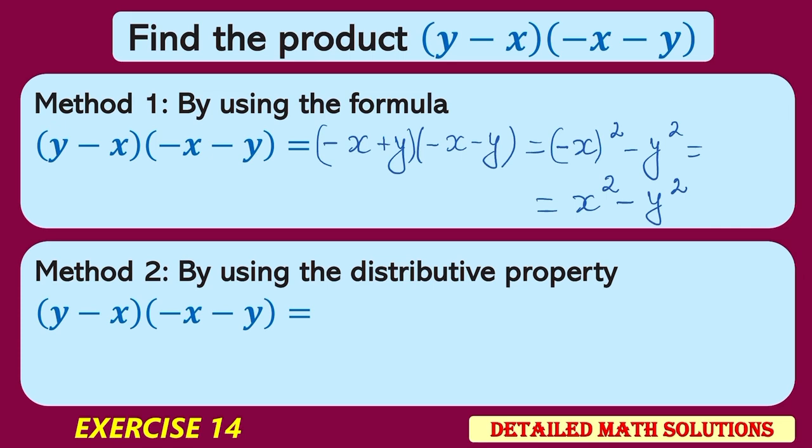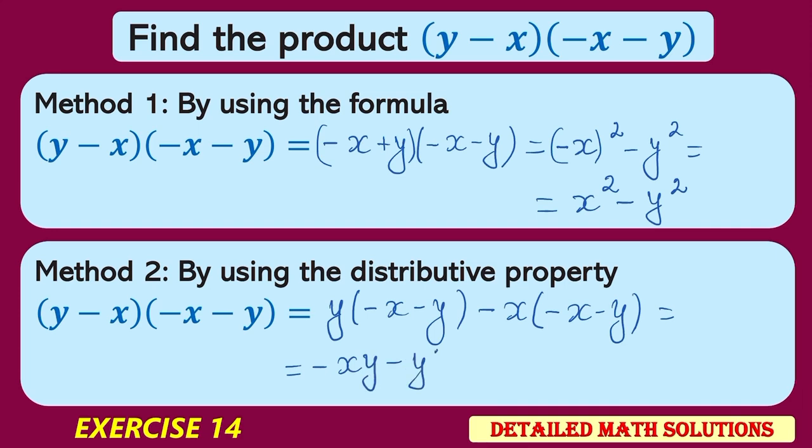When I use the second method and apply the distributive property, this equals y multiplied by (minus x minus y) minus x multiplied by (minus x minus y). This equals minus xy minus y squared plus x squared plus xy. Minus xy and xy cancel out because their sum equals 0, and this expression equals x squared minus y squared.